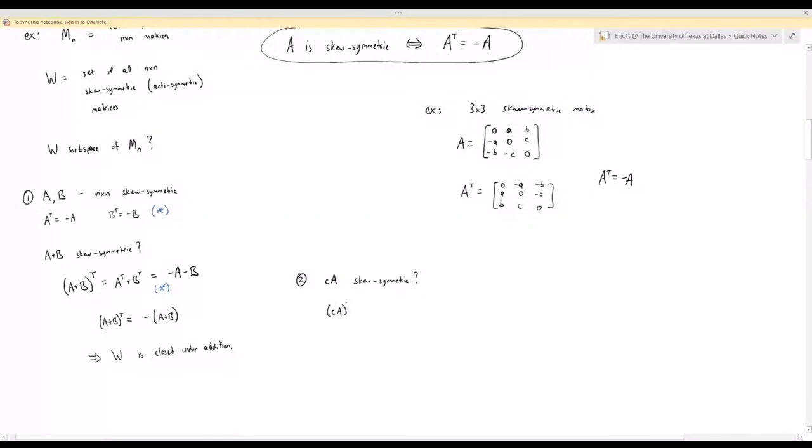So we're going to take CA, and we're just going to transpose it. A property of transpose is that you can basically pull the constant outside. So it's the same as C times A transpose.